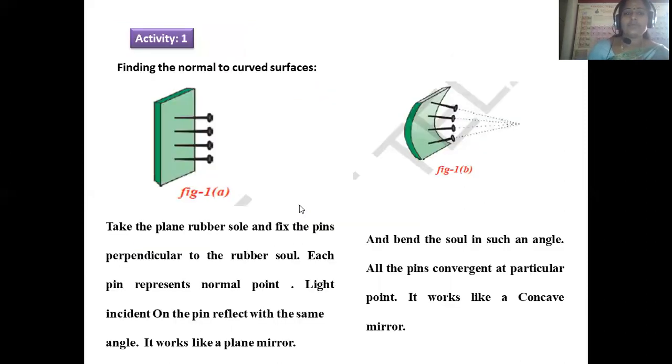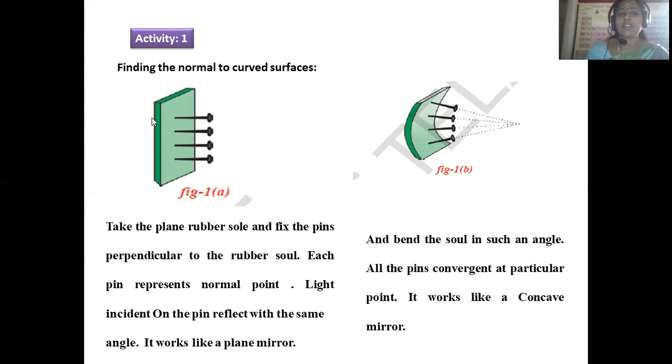Now there is an activity. We are going to perform the activity in order to understand what is the plane mirror, what is the convex mirror, what is the concave mirror. In order to identify these three types, we are going to perform an activity. For that purpose, we are taking a rubber sole. That rubber sole was made into three equal fragments.